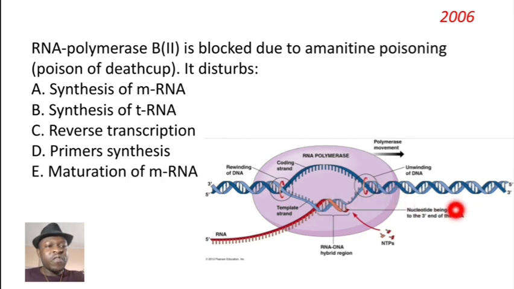It's from the 5 prime end to the 3 prime end, right? So this one is the RNA being released, right? Simple as that. So if there is blockage of this enzyme, then there is no transcription, there is no synthesis of messenger RNA, or mRNA.